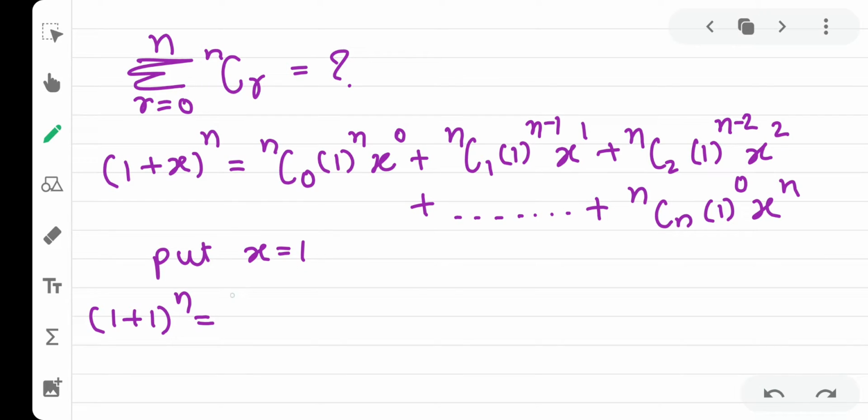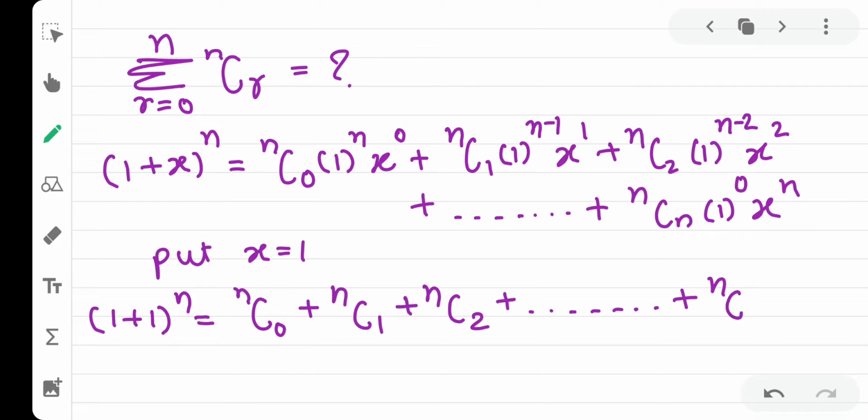So what remains on the RHS is nC0 plus nC1 plus nC2, and this stuff goes on till the very end up to nCn. Now this can be expressed in the form of summation as summation of nCr.